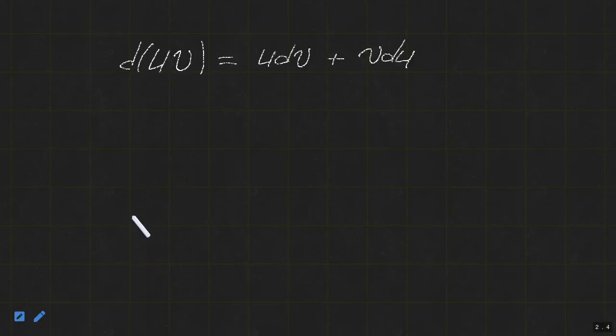Let's start from the assumption that you know the product rule for derivatives, right? It's u dv plus v du. Now let's integrate both parts.